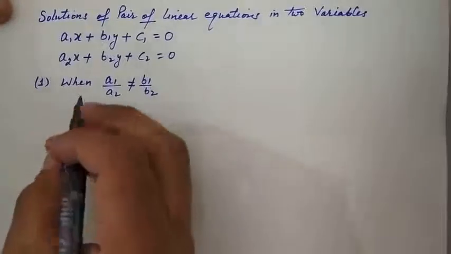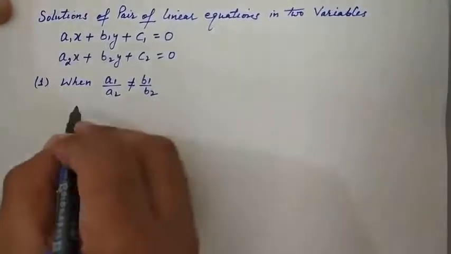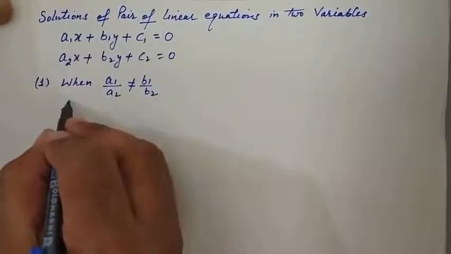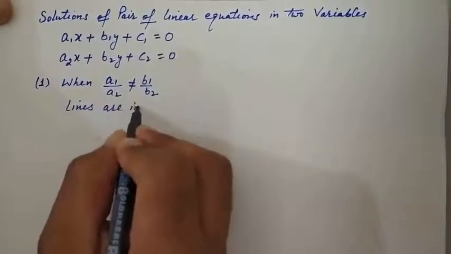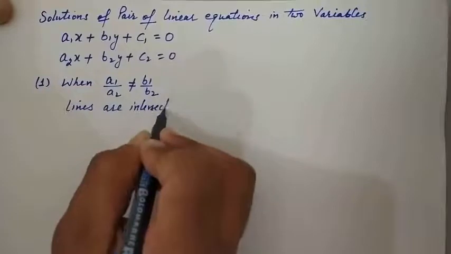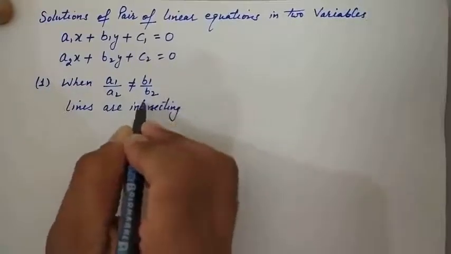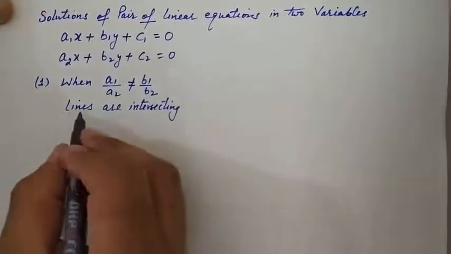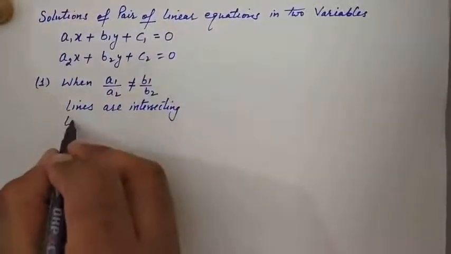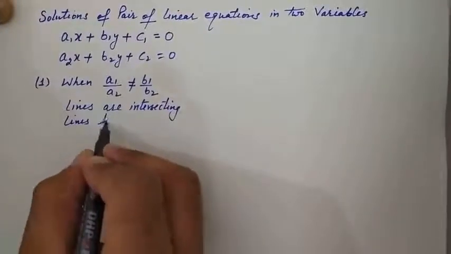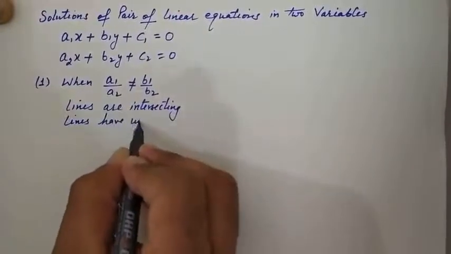So we'll write here: lines are intersecting. Number two, lines have a unique solution.